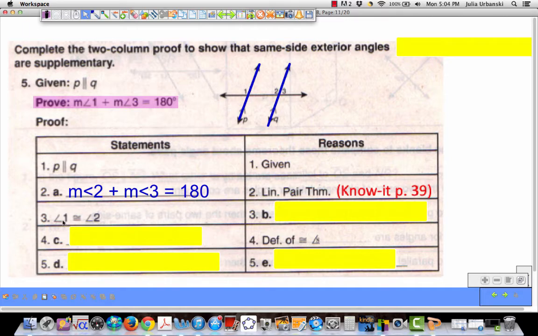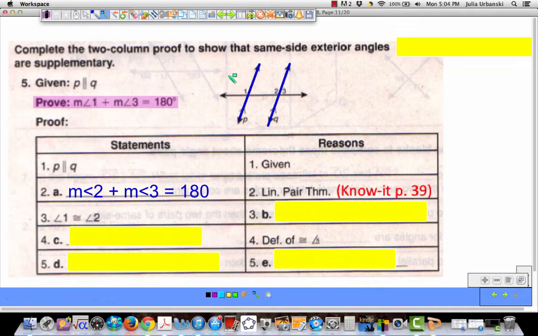The next one says the angle 1 is congruent to angle 2. And you have to look carefully at the picture to see why. Look for the relationship between angle 1 and angle 2, thinking about all the relationships we did at the beginning of the notes. Angle 1 is in the top left corner of this intersection, and so is angle 2.